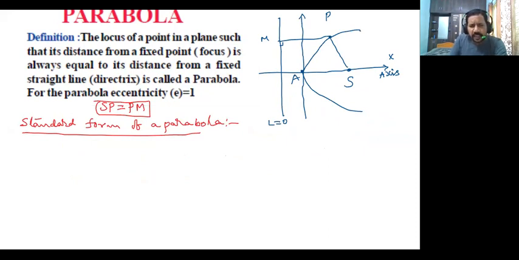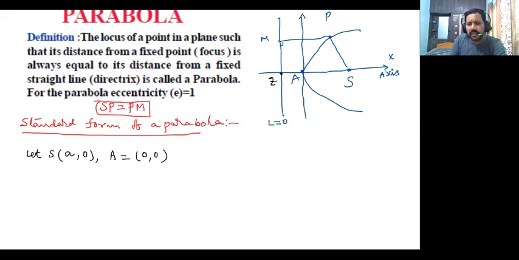Here, assume that the focus S is (a, 0). Let the focus be (a, 0) and the vertex be the origin.